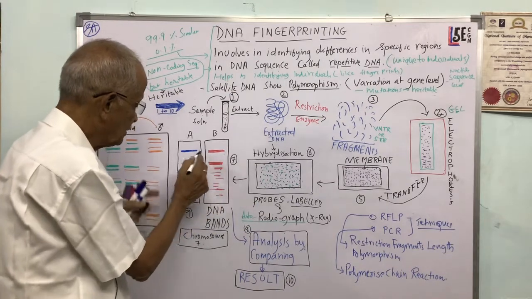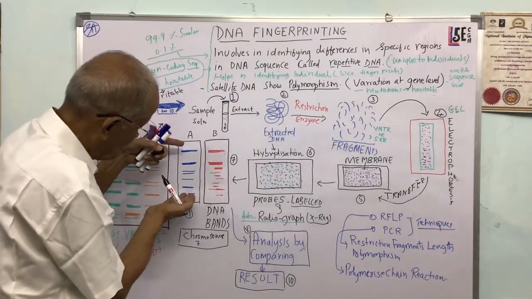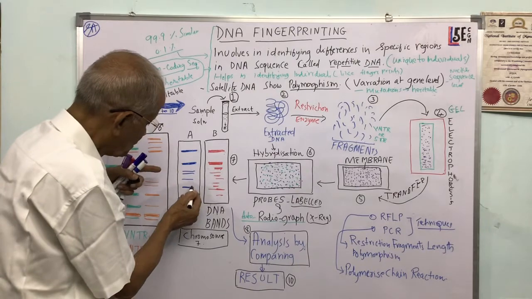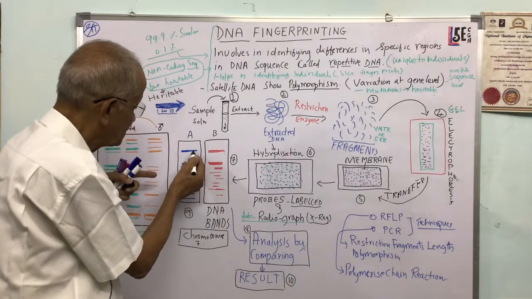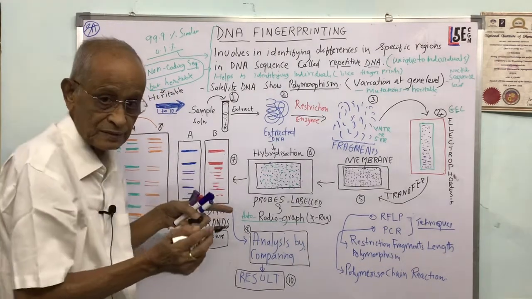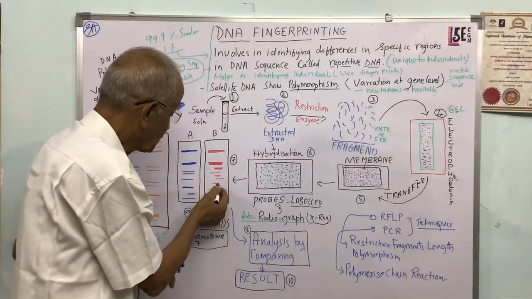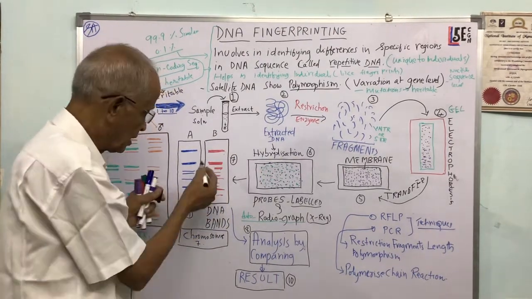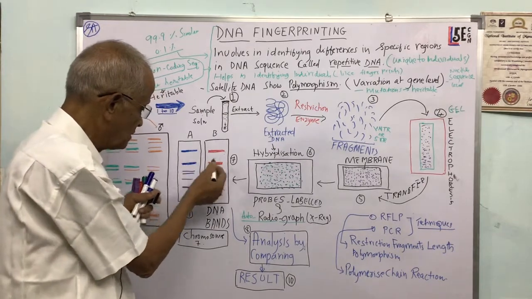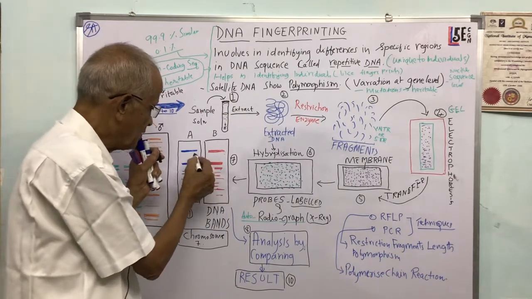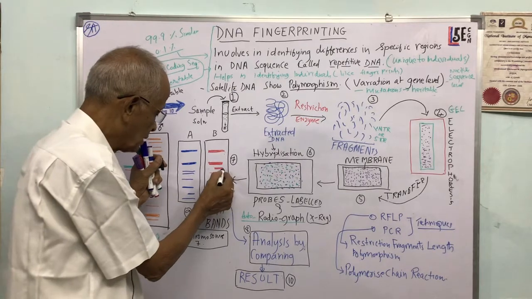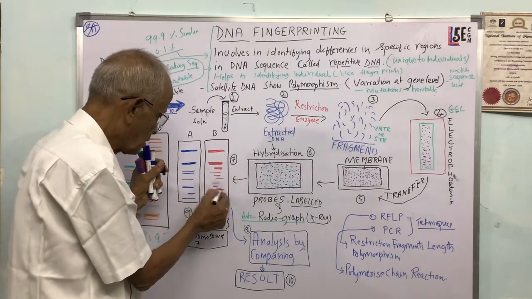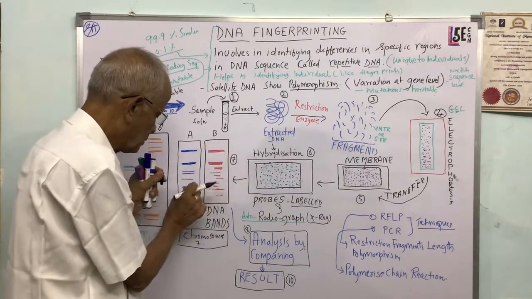You see that here, 1, 2, 3, 4, 5, 6, 7, 8, 9 bands are there. Here 1, 2, 3, 4, 5, 6, 7, 8, 9, 10 bands are there. If you look at the red and the blue bands, you find there is a variation in the size. Some of them are small, some of them are long, some of them are thick, some of them are thin.